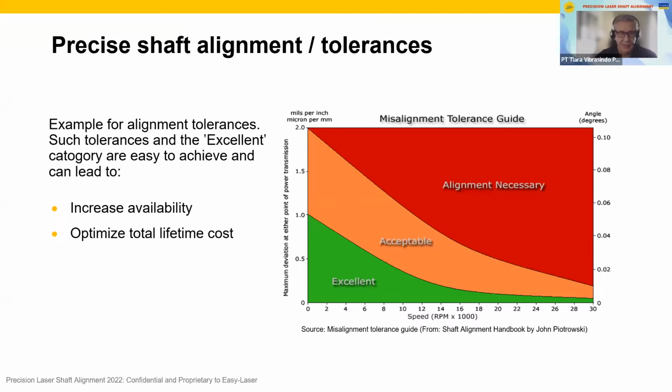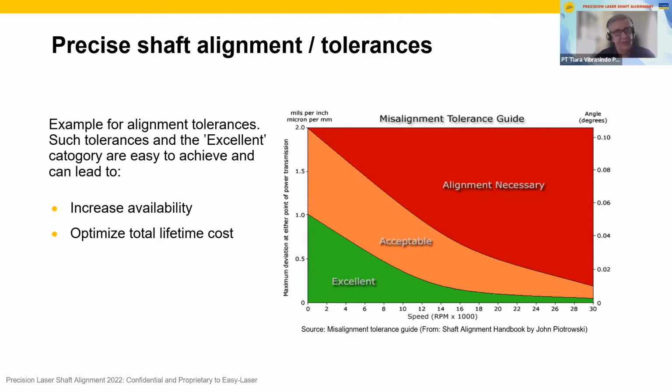So increased availability comes as a consequence of an excellent alignment condition. We see that here in the graph, the green area, while the orange is often also referred to as yellow, is acceptable, and red means alignment is necessary.